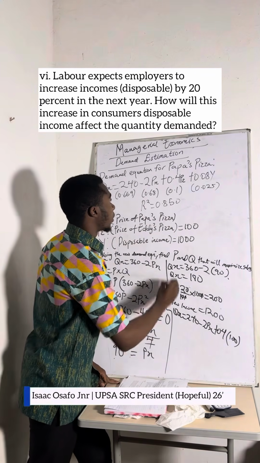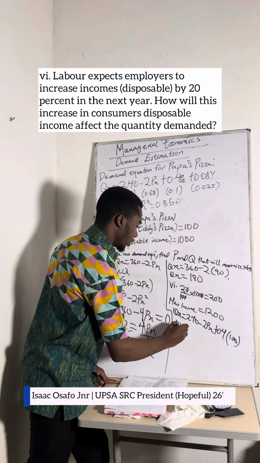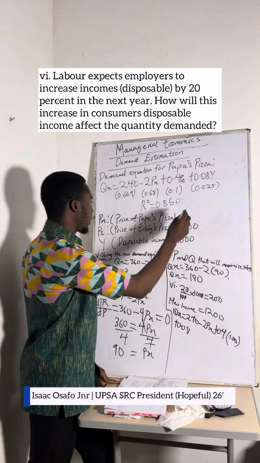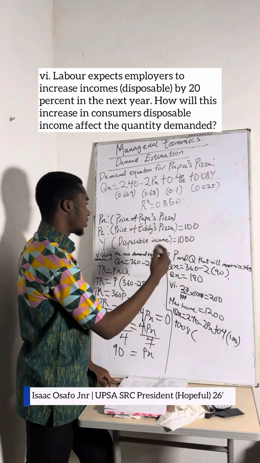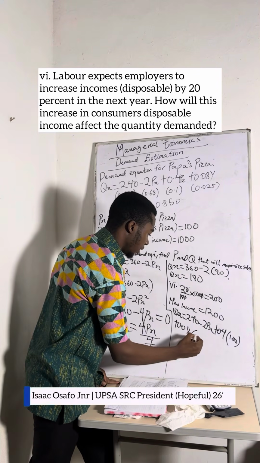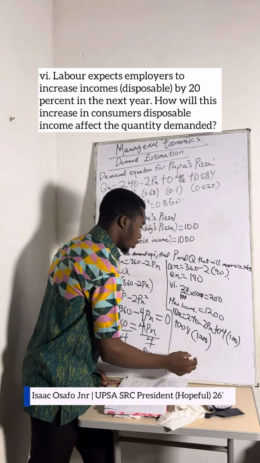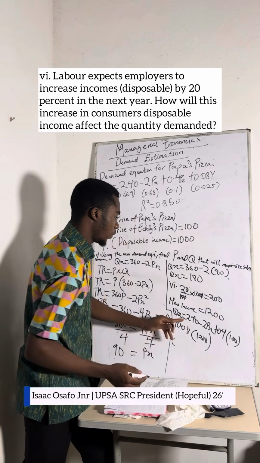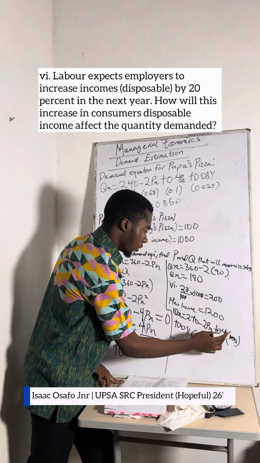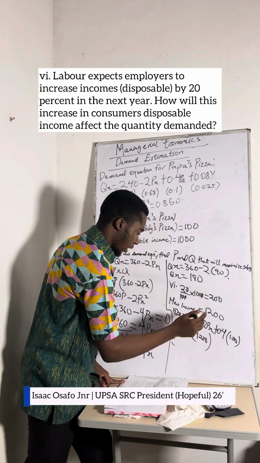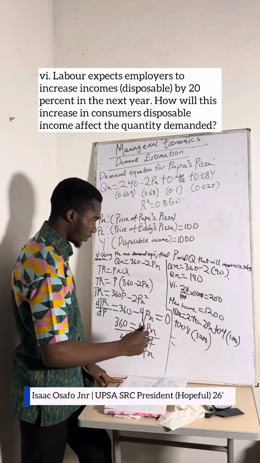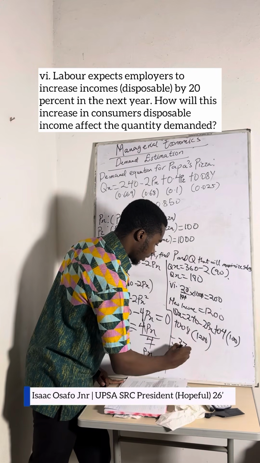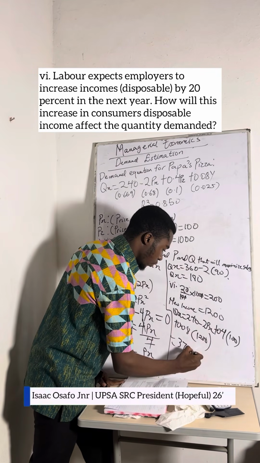Then plus 0.08y. The y is our income, and now it has increased to 1,200, so it's no more 1,000 like at first. So when you solve 240 plus 0.4 times 100 plus 0.08 times 1,200, I think you should be getting 376, right? So 376, then minus the 2px.